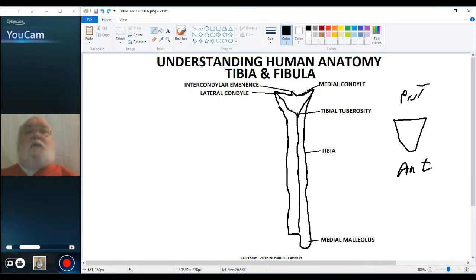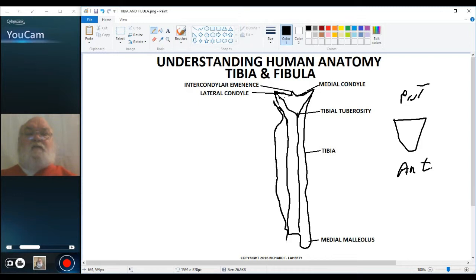The second bone of the leg is the fibula, and it does not articulate with the femur, it articulates with the tibia. So let me draw in the head of the fibula, and we'll come down as the shaft of the bone comes down.